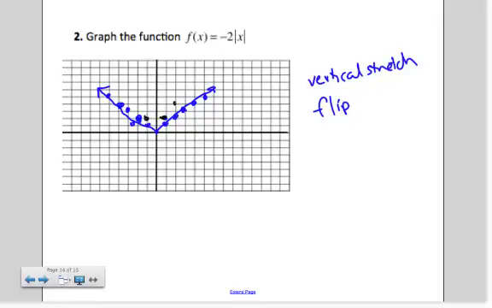Up 2 over 1, up 2 over 1, up 2 over 1, up 2 over 1, up 2 over 1. So there's my vertical stretch. Before I flipped it, this is what it looks like. Now I'm going to have to flip it. So instead of being 1, 2, it's now 1, negative 2.